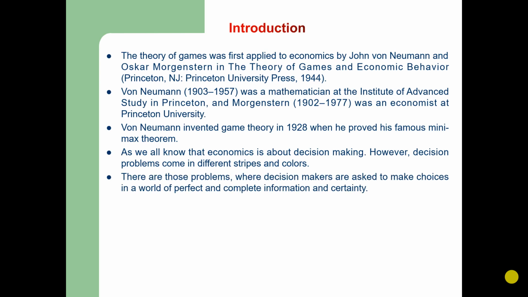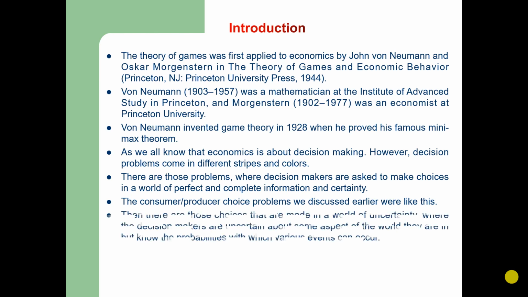So there are those problems where decision makers are asked to make choices in a world of perfect and complete information and certainty. For example, consumer theory and producer theory that we discussed in earlier videos in another playlist. These were decision makers working under perfect and complete information and certainty.